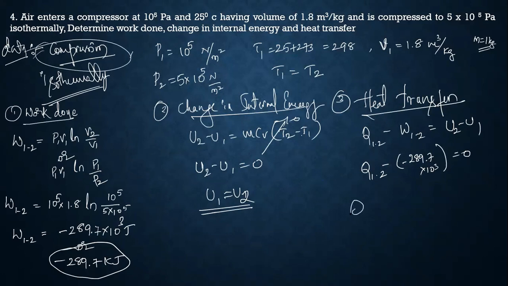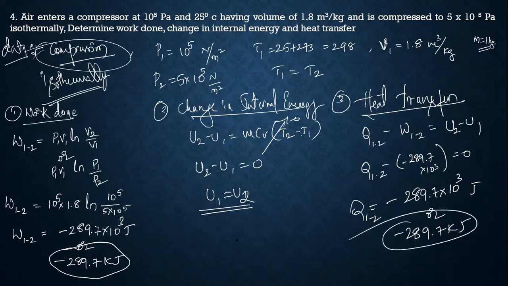Minus into minus is plus, therefore Q1 to 2 is minus 289.7 into 10 to the power of 3 joules, or minus 289.7 kilojoules. It is a compression process. For a compression process, work done on the system is negative; if one form of energy comes in, obviously the other form of energy which is going out will be liberated. Work done is minus, heat is minus, both will be negative.